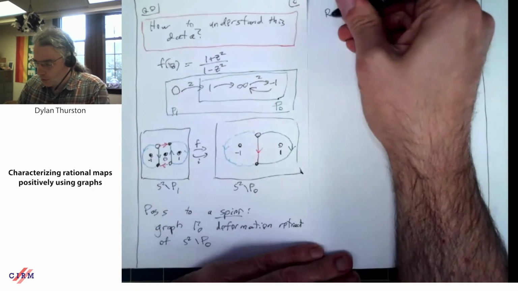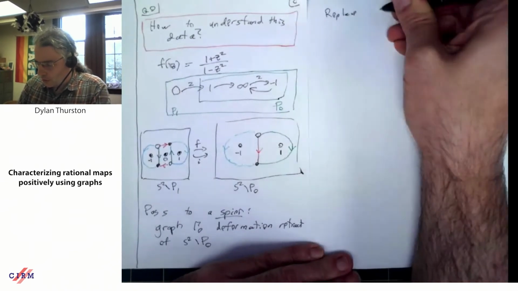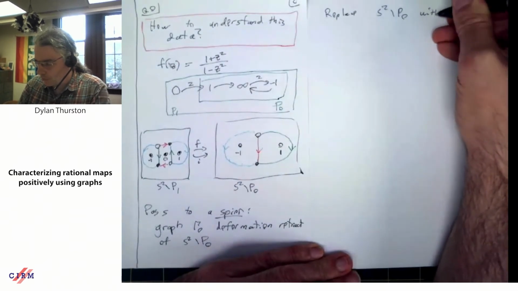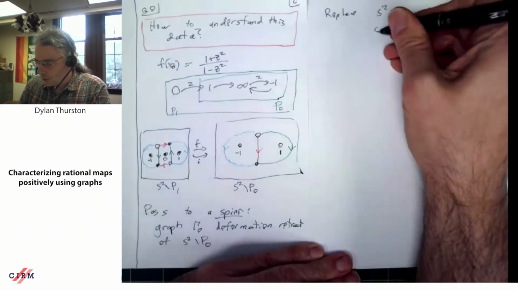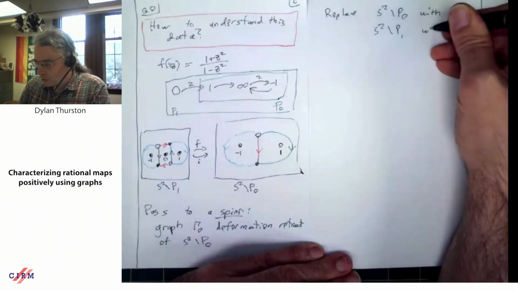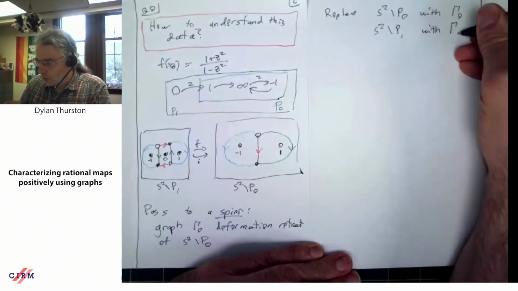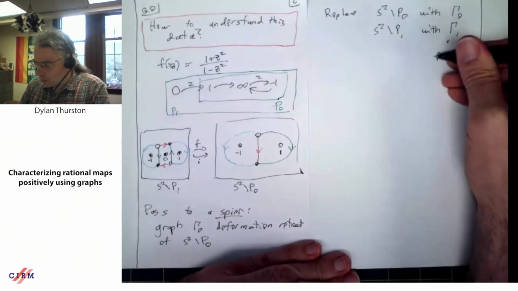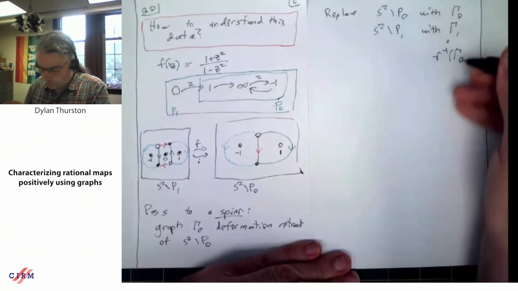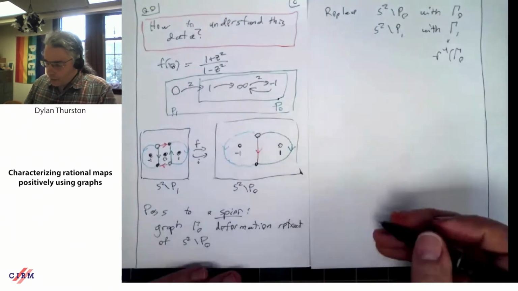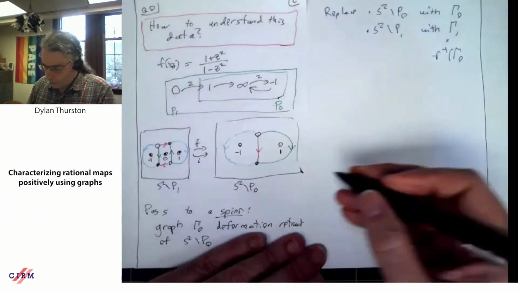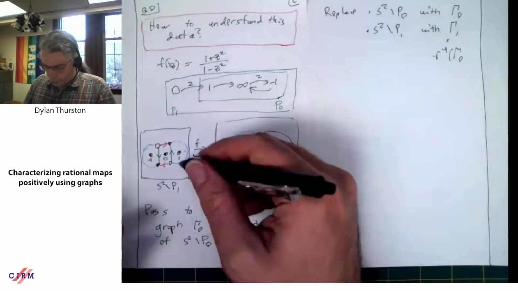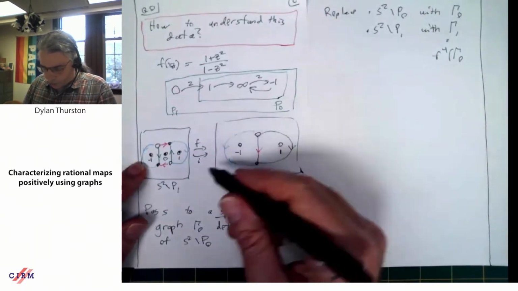So replace S2 minus this set with some graph gamma 0 and S2 minus P1 with gamma 1, which is supposed to be the inverse image of gamma 0. And then we still have the covering map going that way. That still works perfectly well.